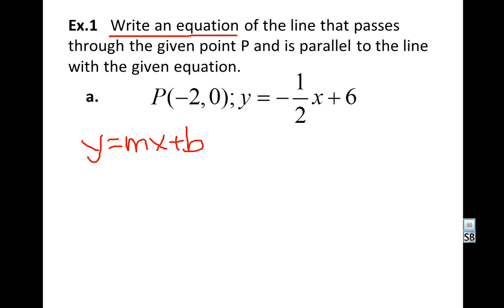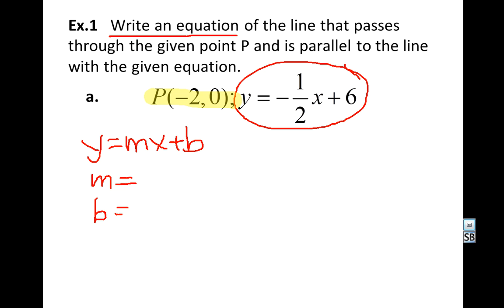The two things I need are the slope and the y-intercept. Well, the equation of my line has to pass through this point here, (-2, 0). And it says it has to be parallel to the line that's given. y is equal to -1/2 x plus 6.